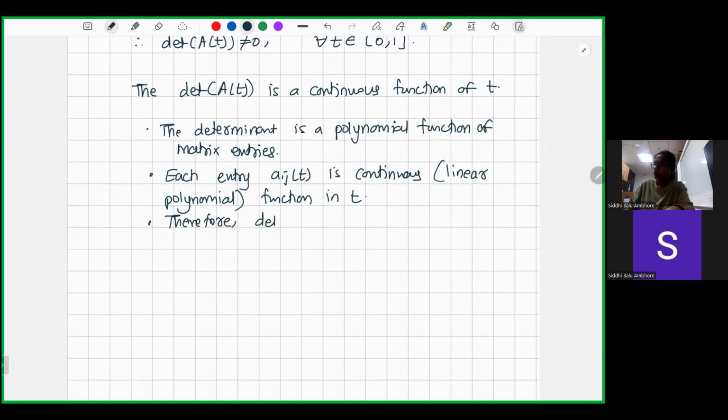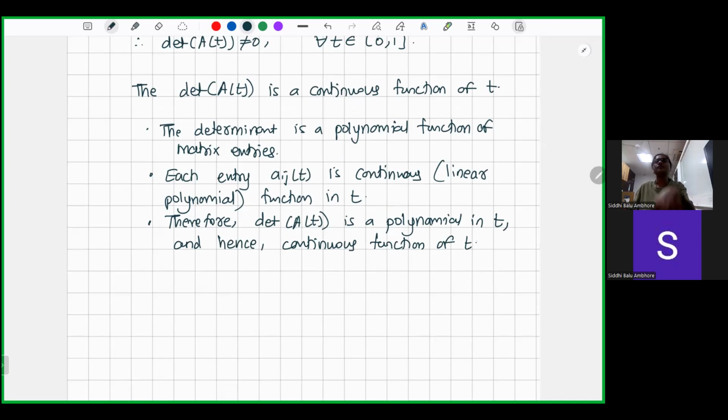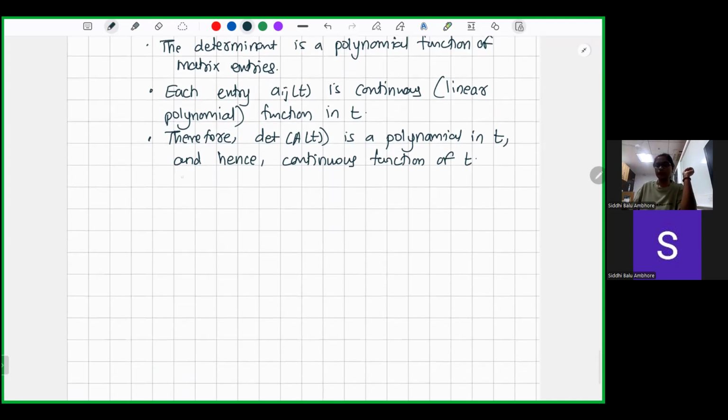So therefore, the determinant of A(t) is a polynomial in t, and hence a continuous function of t on [0, 1].